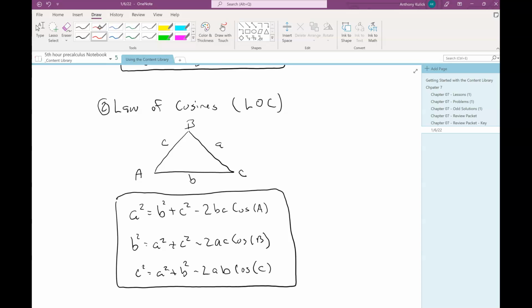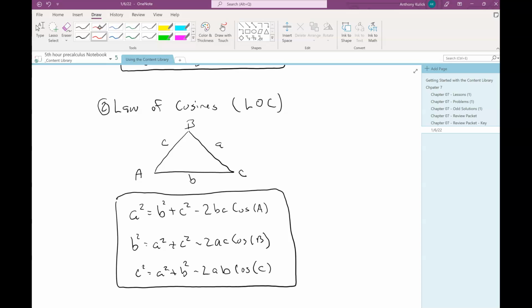Now keep in mind, this is really the same equation three separate times, right? If I just take the first equation, switch the A's and B's, it's the same as the second equation, right? Or if I take the first equation and switch the A and the C, it's the same as the third equation, right? So I'm going to write down all three versions, but really, it's the same equation three times, just with some substitution going on.